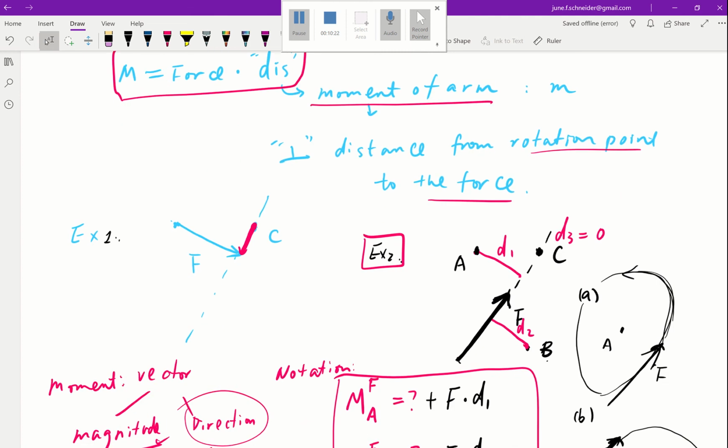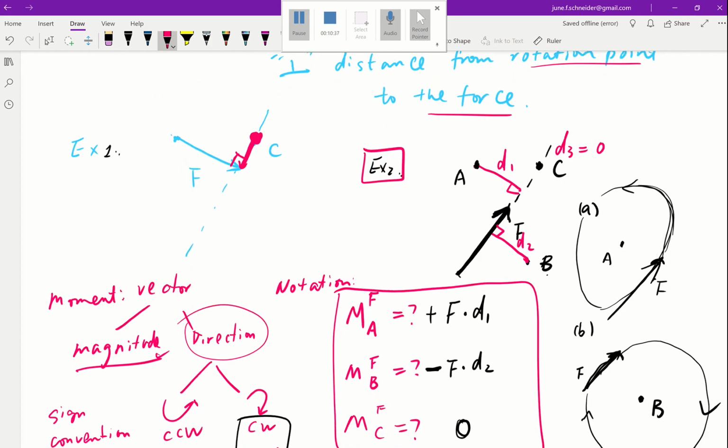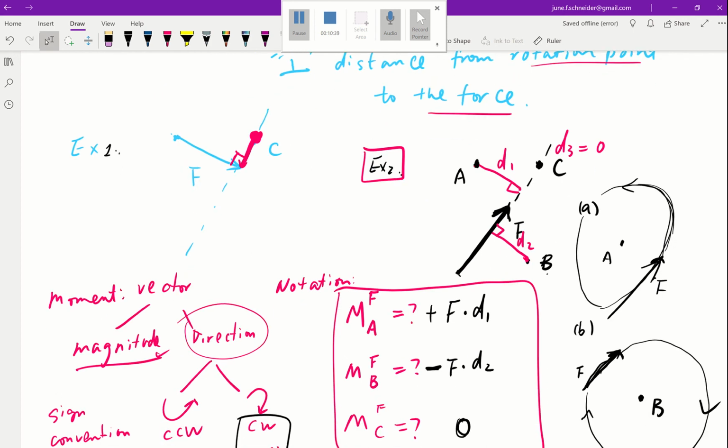We looked at some examples, and the key is how to find this moment of arm. It has to be, again, perpendicular from the rotational point to the force.